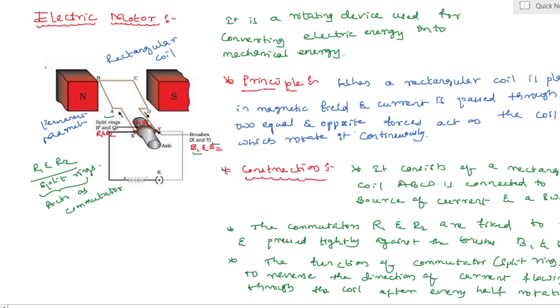When the key is closed, the current flows in the coil ABCD through brush B1 and flows back to the battery through brush B2 via ring R2.